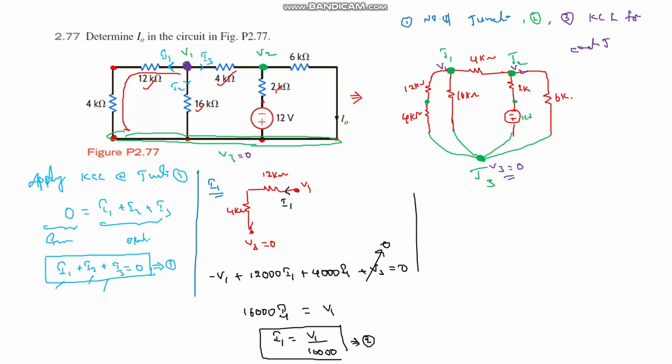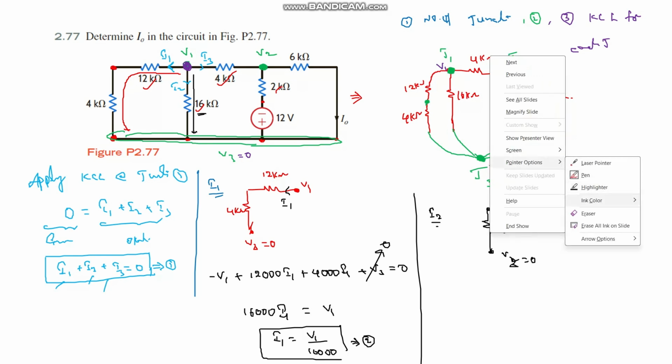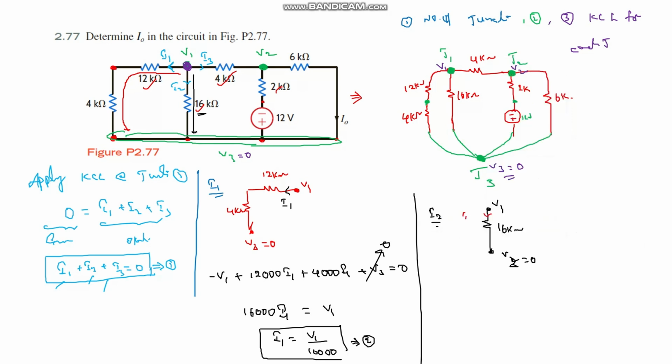Now the expression for I2. How to get an expression for I2? Here I2 starts from V1 and flows through the 16 kilo ohm resistance. Just draw that path. This is the 16 kilo ohm resistance. This is V1 and this is V3. V3 value is equal to 0. Here the current direction is from top to bottom, I2.